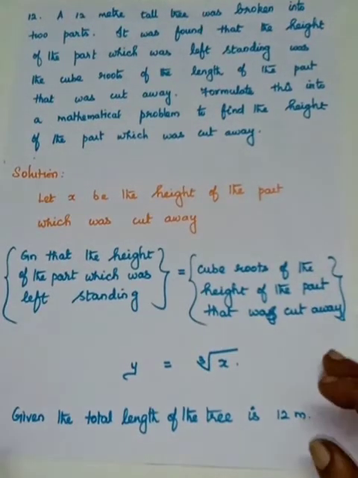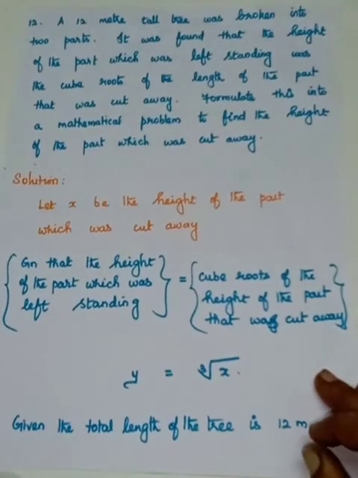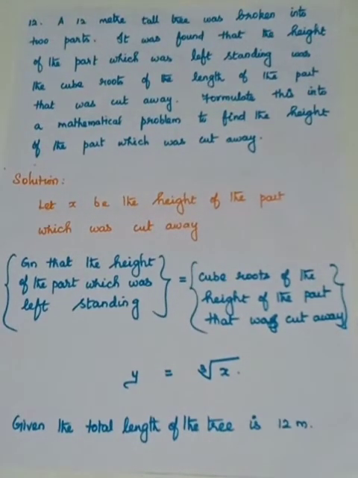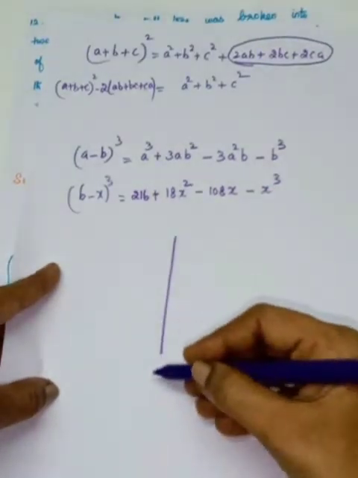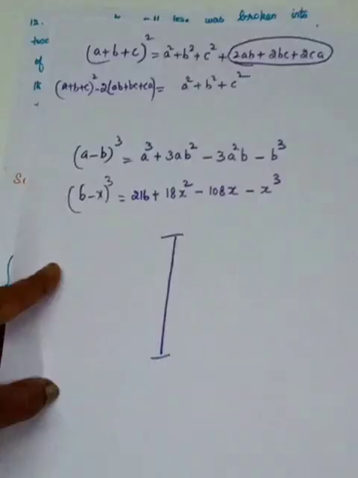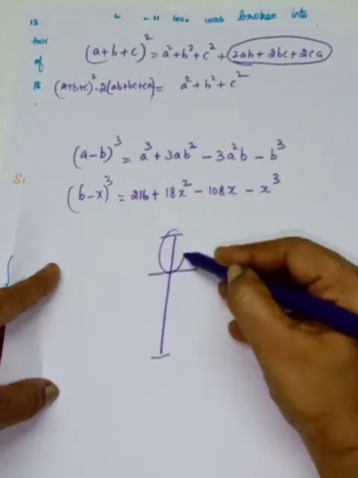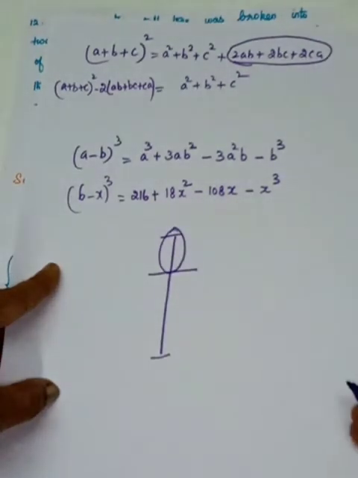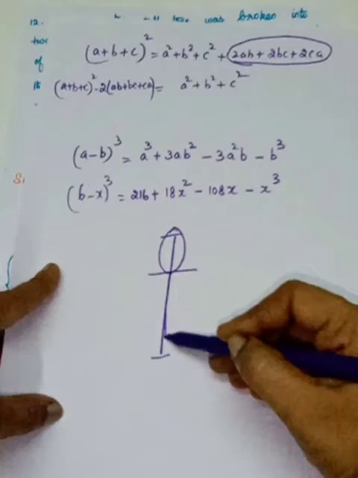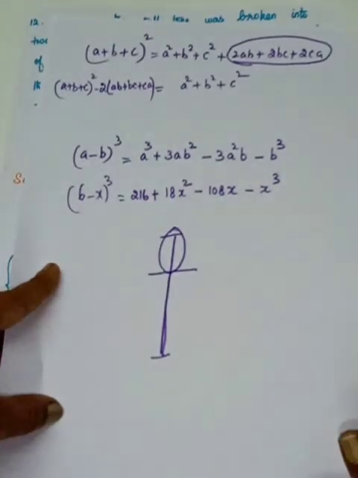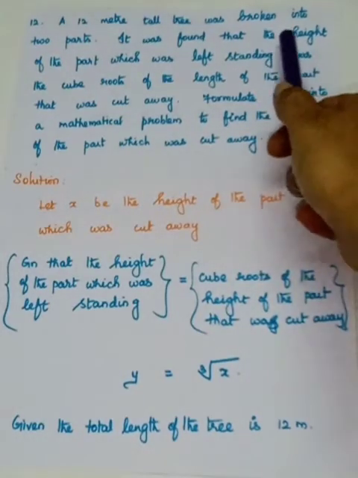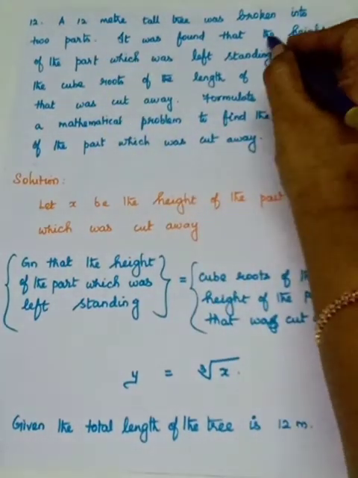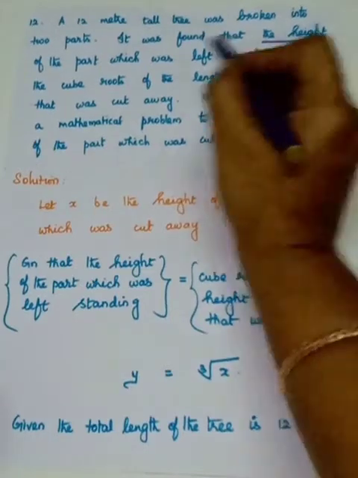A 12-meter tall tree was broken into two parts. So the height of the tree is 12 meters, and it was broken into two parts. This part is cut away from the tree, and this is the part left standing.